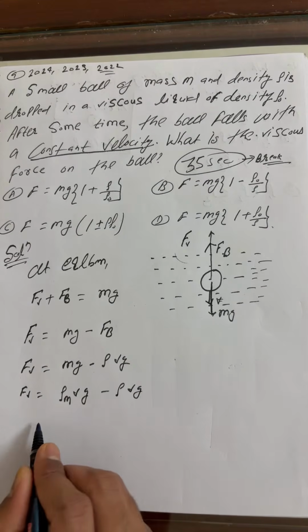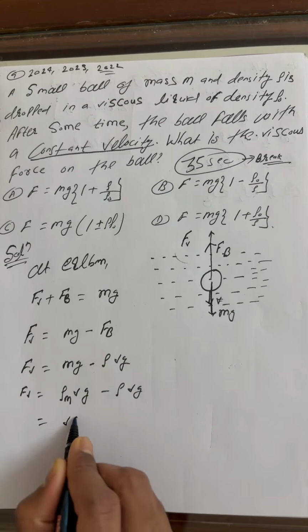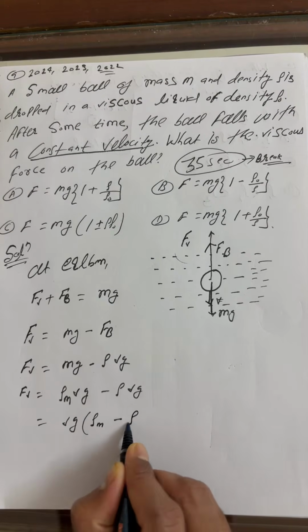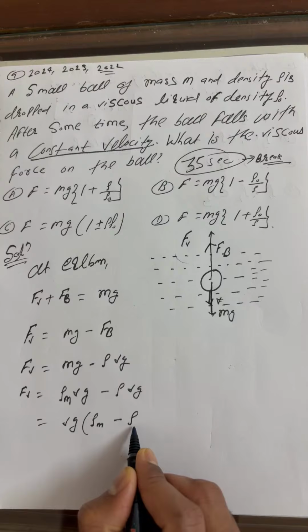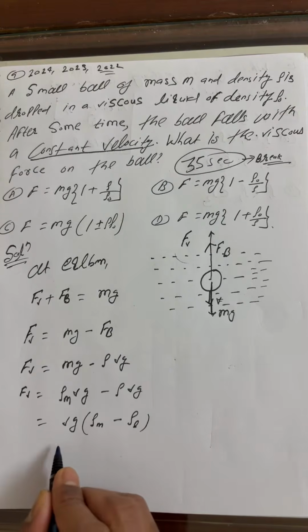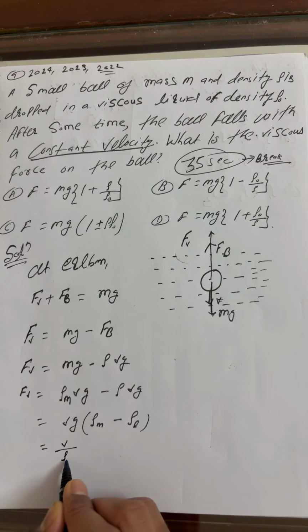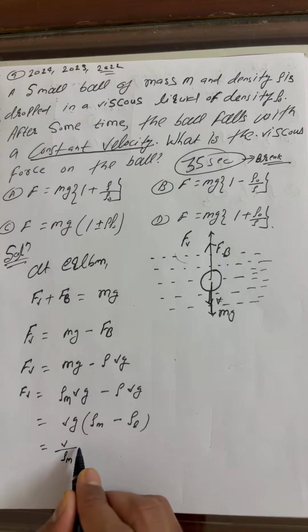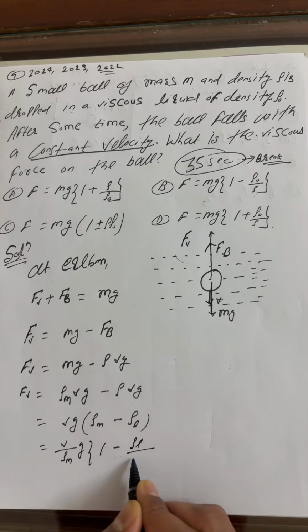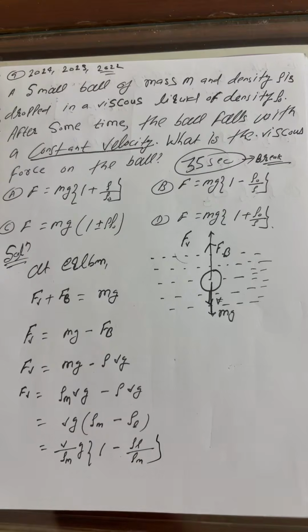You can take Vg common: density of the material minus density of the liquid. Then take density of the material common: volume upon density of the material into g into (1 minus density of the liquid upon density of the material).